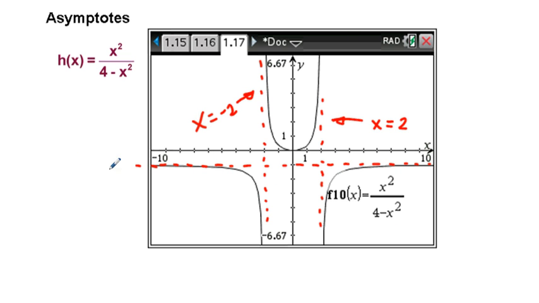So this is going to be the function y equals -1. So we have this x equals 2 called a vertical asymptote, which I abbreviate VA. This x equals -2 is also a vertical asymptote. And this horizontal line, y equals -1, is a horizontal asymptote, which I abbreviate as HA.